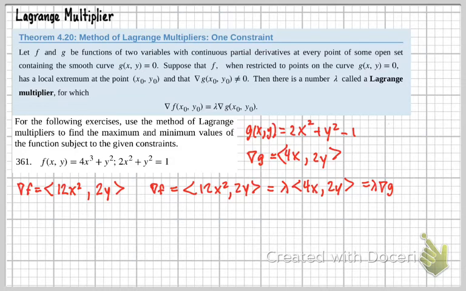Because if vectors are to be equal, their components have to equal each other. So what that means for us is we end up with the equation 12x squared equals 4x lambda, and that's one of them. And the other equation becomes 2y equals 2y lambda.